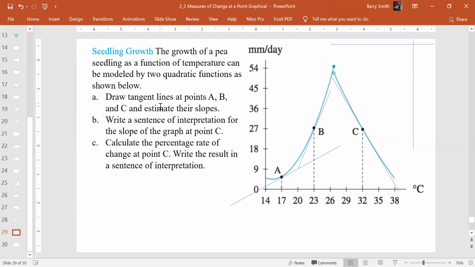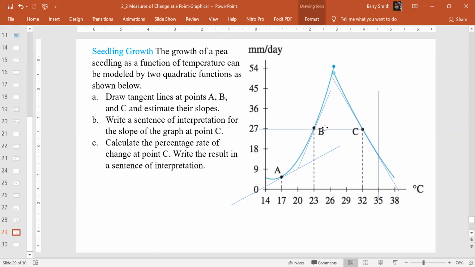All right, and so now what we're supposed to do is estimate their slopes. Well, since everything is through C, let's just do the estimate of the slope for C, because as you can see, we're not exactly sure if we're really close to these numbers. So estimating something that we're not even sure about is kind of a shot in the dark. So let's just do point C. And so let's choose this point as well.